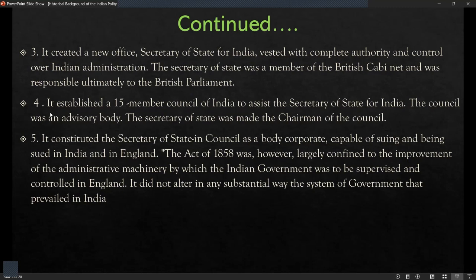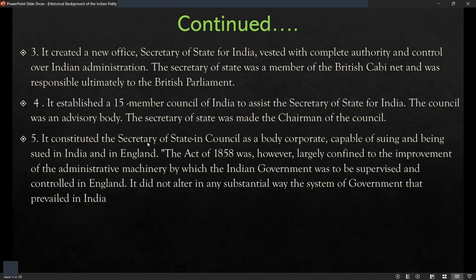Okay, and it established a 15-member Council of India to assist the Secretary of State for India. The council was an advisory body. The Secretary of State was made the chairman of the council. It constituted the Secretary of State and Council as a body corporate capable of suing and being sued in India and in England.